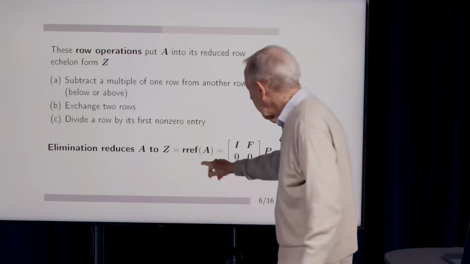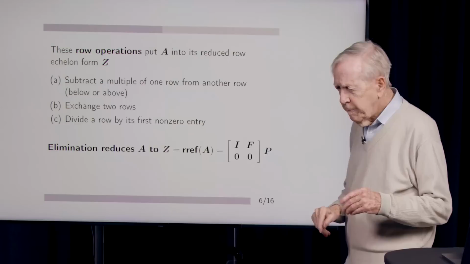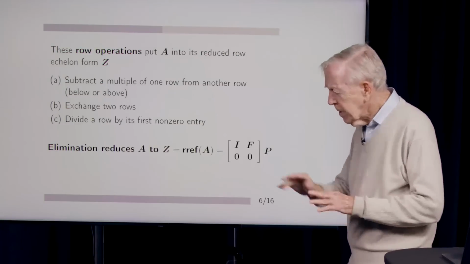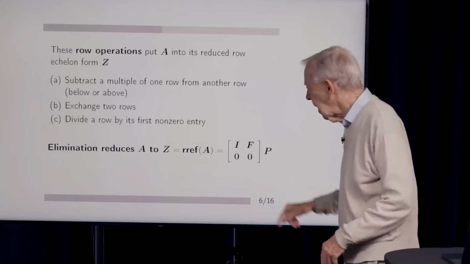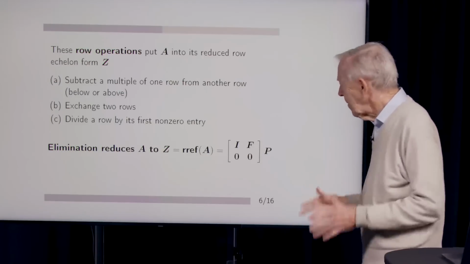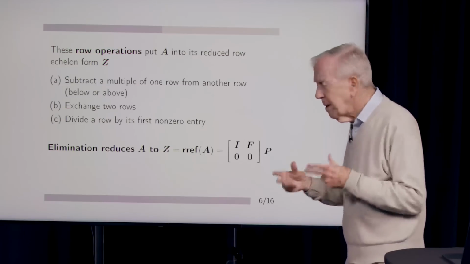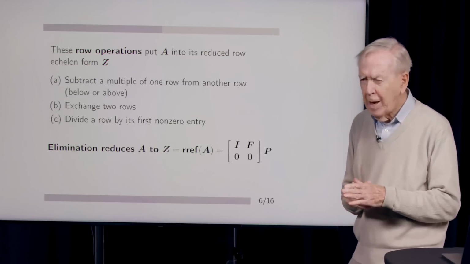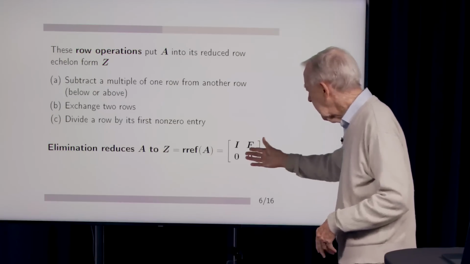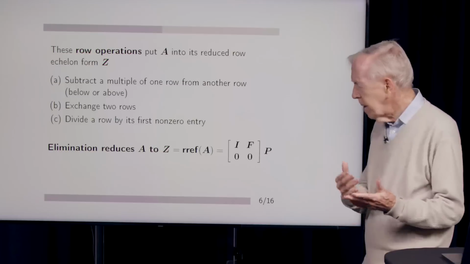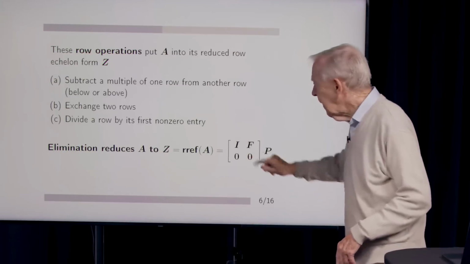So if you get this topic in a linear algebra course, this is the matrix that you get to. And what I want to do is understand that matrix as entering a factorization of A. So I can use elimination. But that's the picture of what I get, as we saw. All right, so this is the key fact.